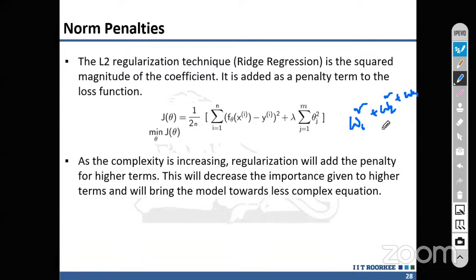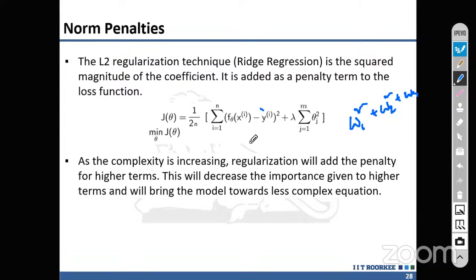If you have some weights which are very large, then their square term will also be very large, and those large numbers will influence the total error. So it will try to adjust the weights in such a way that your weights will be less. It will not be influenced much by some small features.